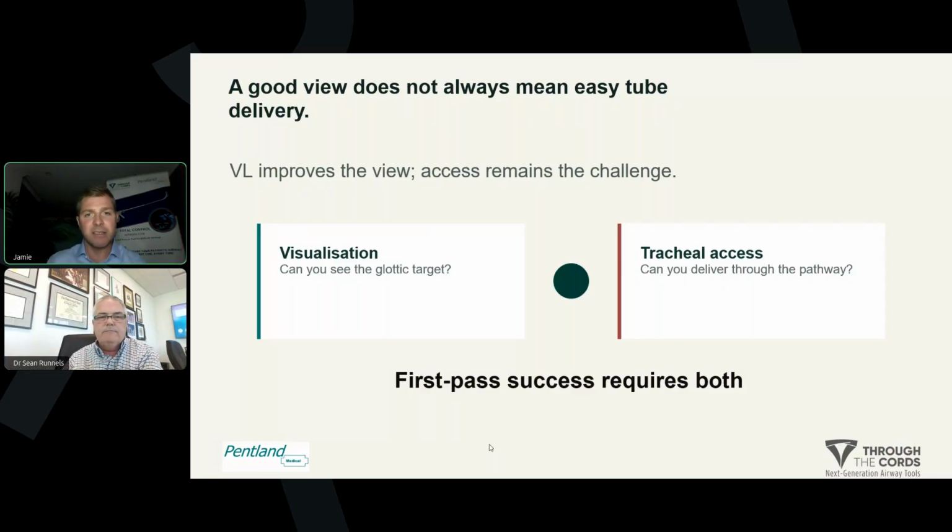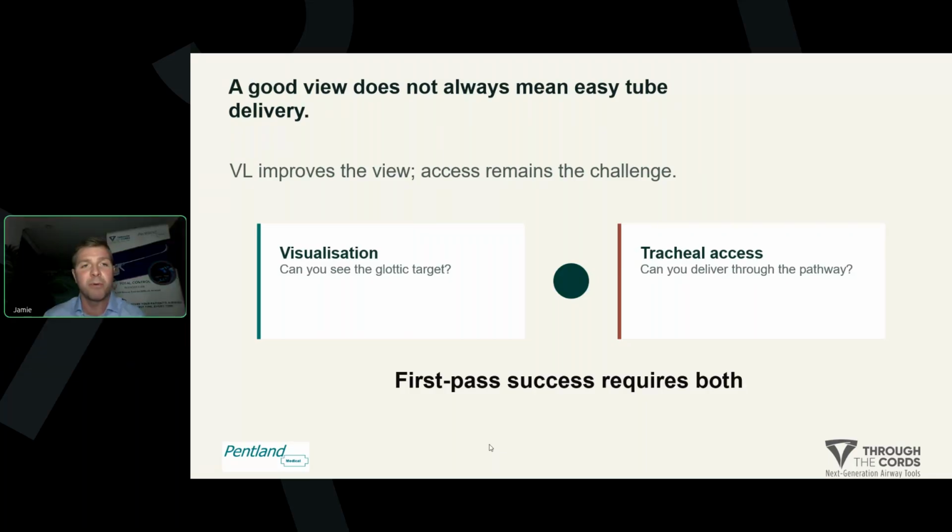On this slide is really the key clinical point for me, and that is that a good view does not always mean an easy tube delivery. I know we have a lot of anaesthetists on the webinar tonight, some from the UK and many overseas as well. Anyone using a video laryngoscope will be familiar with this problem. The TCI is designed for that moment.